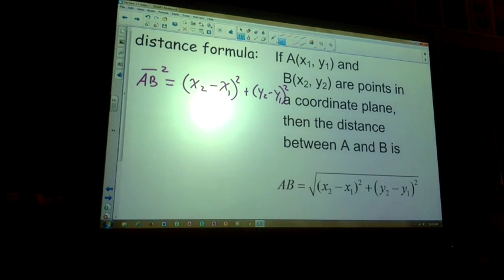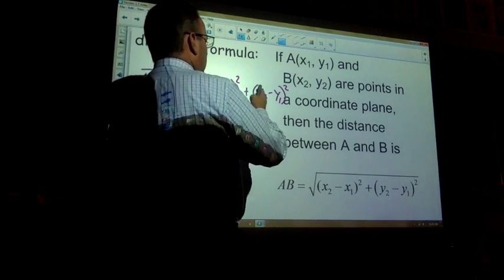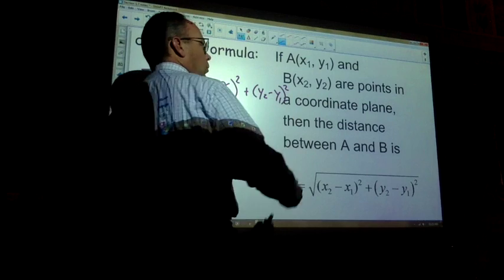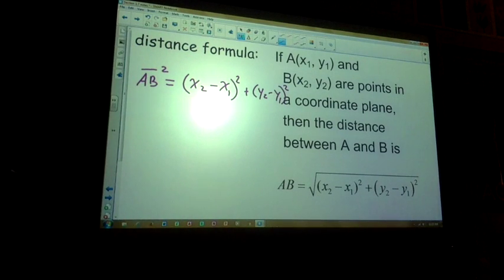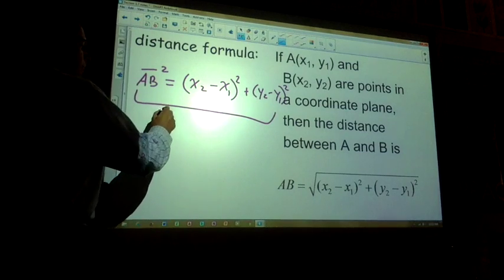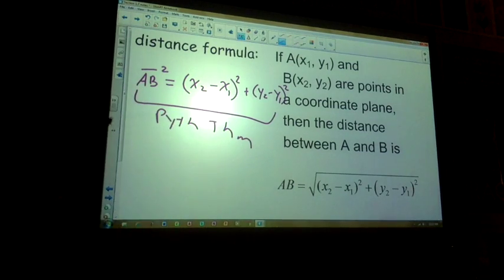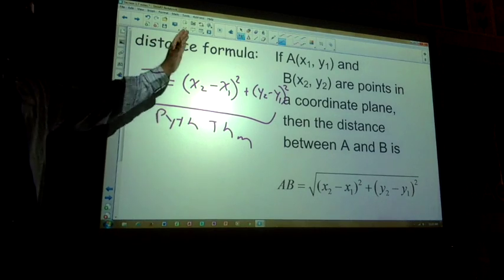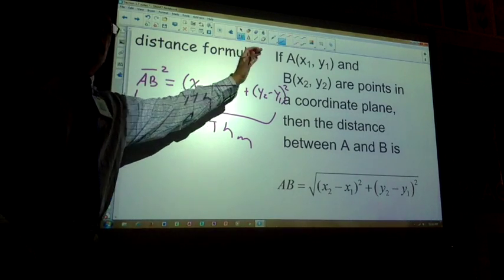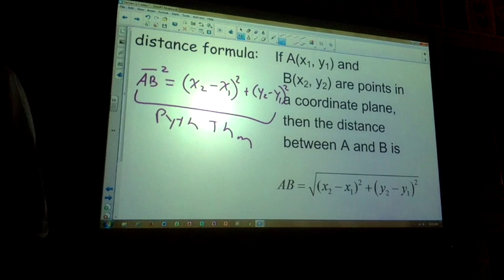I squared both sides. So then we have the change in our x value squared and the change in our y value squared. This is where the Pythagorean theorem starts linking up. The hypotenuse squared is equal to the leg squared plus the leg squared.